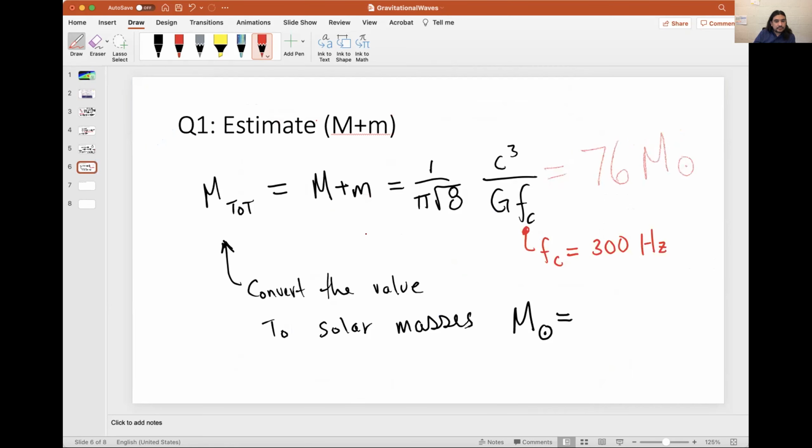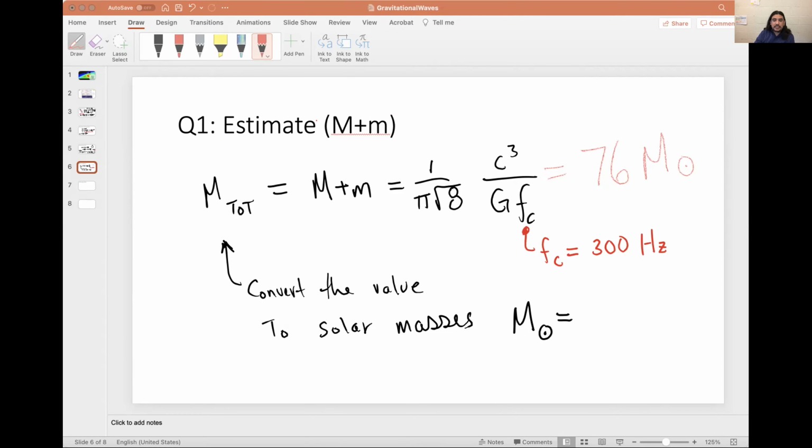And the actual mass, using numerical calculations, sampling the data and using those data points to feed the very complicated general relativity equations, what LIGO measured based on general relativity is a total mass of 65 solar masses.